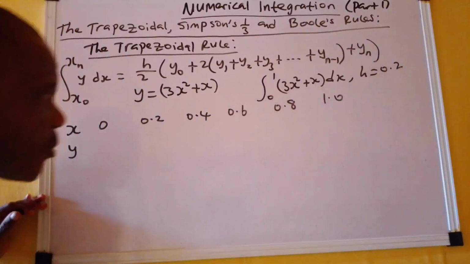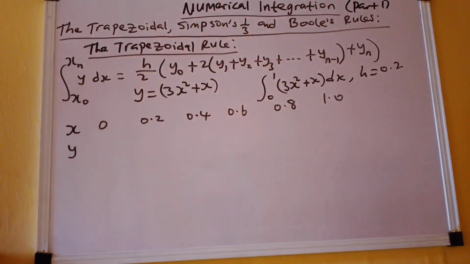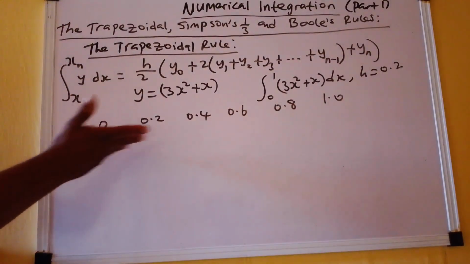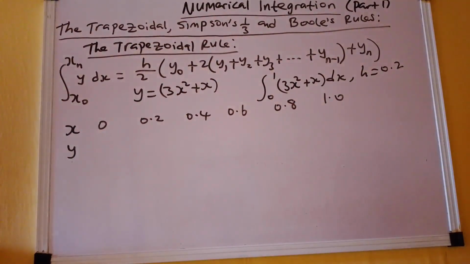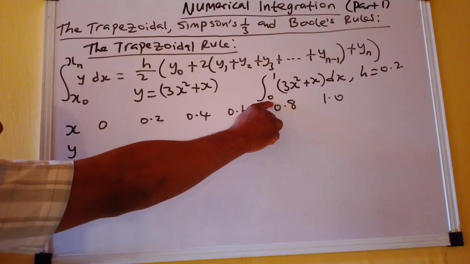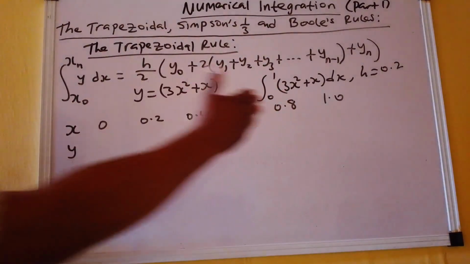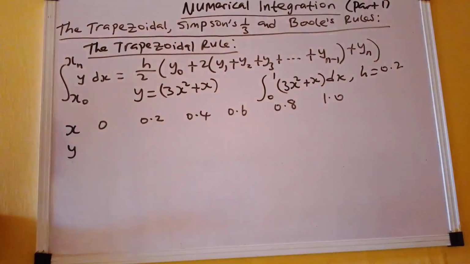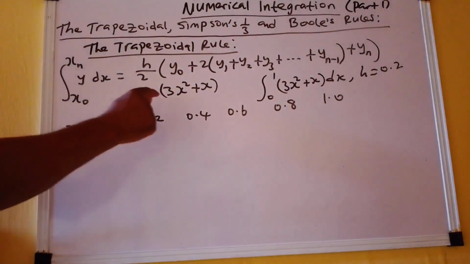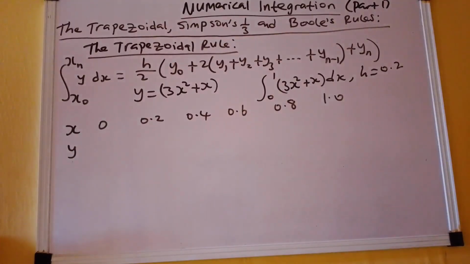You stop there. You start from the lower boundary and go till you get to the upper boundary. You are not permitted to go below 0 for x, and you are not permitted to go above 1 for x. Now, using this, we can get our y.